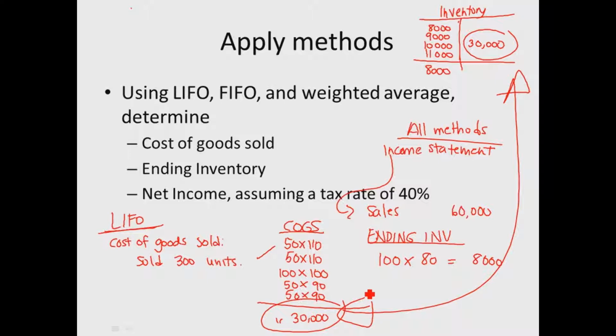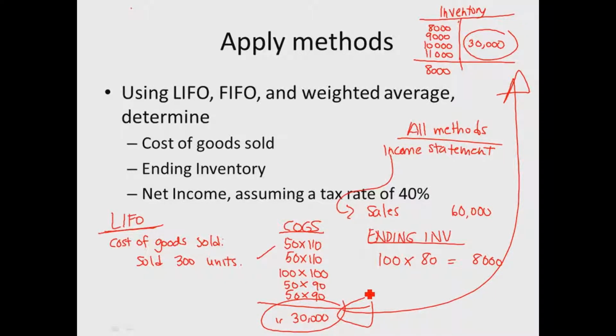So what you do is you compute what is in your ending inventory. My ending inventory is 8,000. Why is that my ending inventory? Because I start from the beginning and I say, if I have this many units, I start with the first units I purchased because those are still there. I figure out what I still have, I compare it to what I had over the period, and I back out my cost of goods sold.